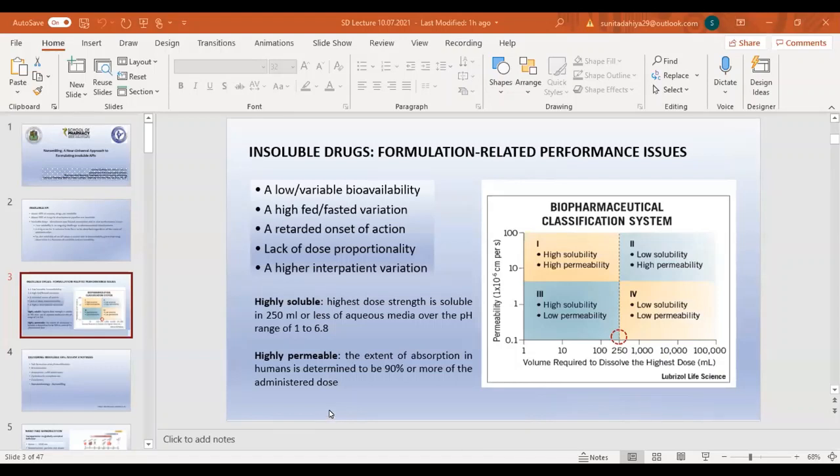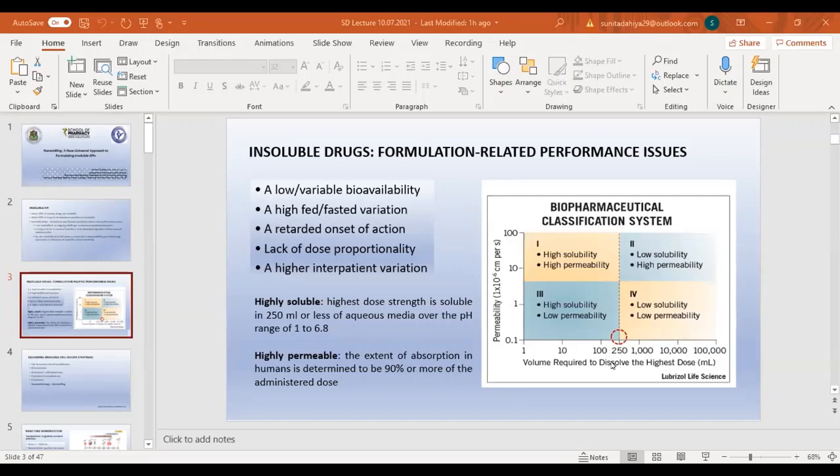Highly soluble is when the highest dose strength of the drug is soluble in 250 ml or less of aqueous media. And the aqueous media we use is in the range of pH 1 to 6.8. So as per the BCS classification, we usually use 3 pH values: 1.2, 4.5, and 6.8. Right?